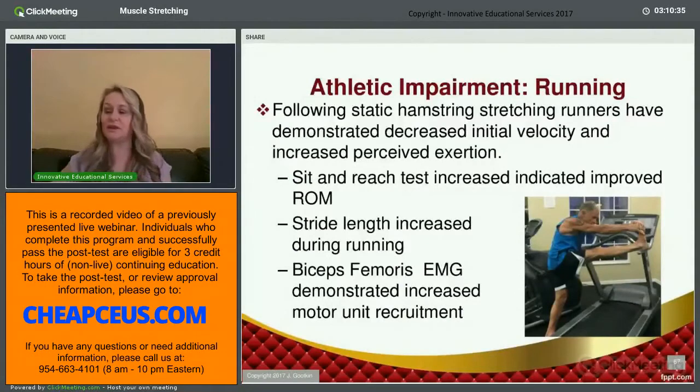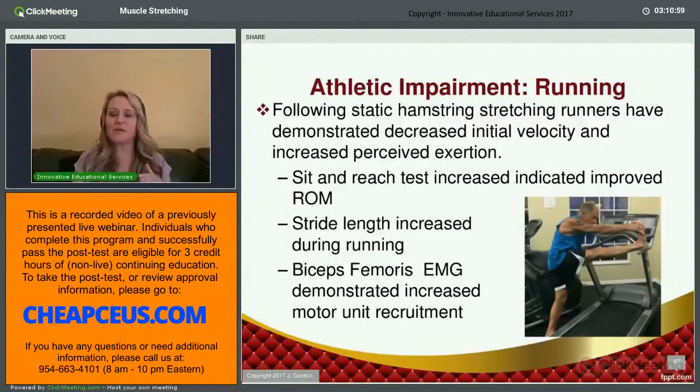Running is something that has been considered in specific relation to our stretching. If we consider the hamstring stretch of patients before they run, we need to have hamstring length in order to allow excursion through the swing phase for the runner.